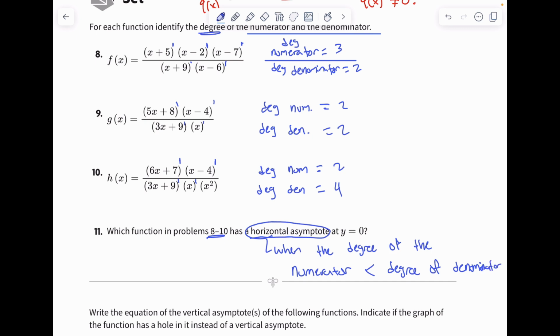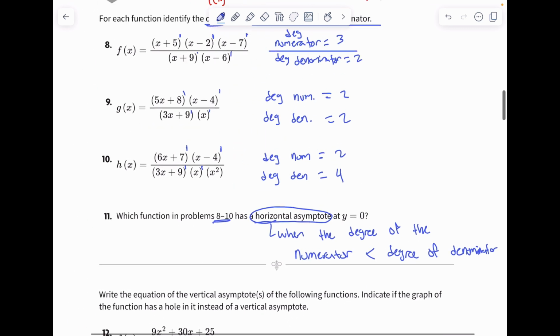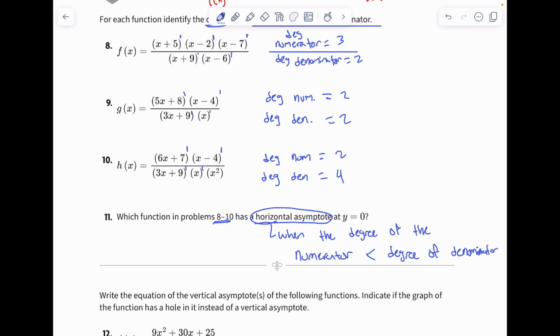Right off the bat, the one that has a numerator degree that is less than is right here, right? So that would be problem number 10, h of x. Okay, so that's the function.